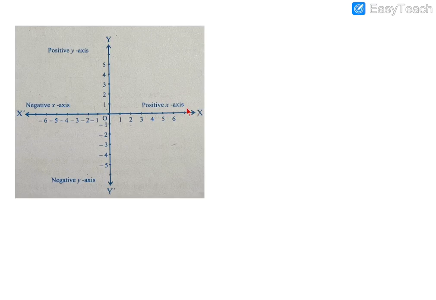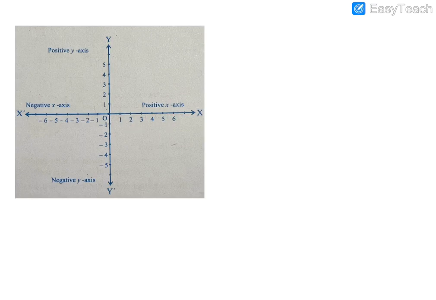So the entire horizontal number line is called the x-axis. The numbers lying on the right side of the origin, we will denote as belonging to the positive x-axis, and the numbers lying on the left hand side of the origin belong to the negative x-axis, because they are all negative numbers, and on the positive x-axis we have all positive numbers.